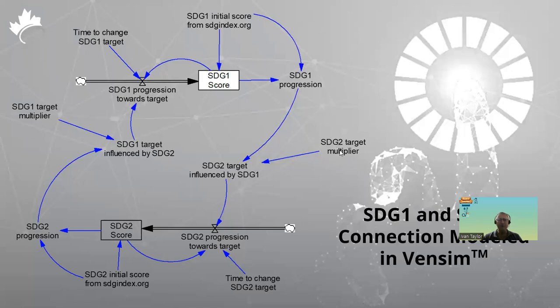This multiplier will be discussed later in the presentation as the idea of effort to improve the target by applying new policies. The value of 1 means that we have the status quo. So there's a certain amount of effort being applied just to reach the target today. However, in the future, we might apply more effort than we're doing today to reach a higher value of the SDG score. I'll talk about that a little bit later.